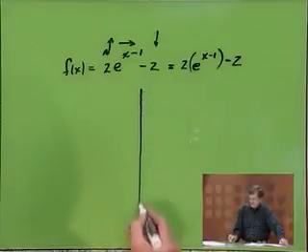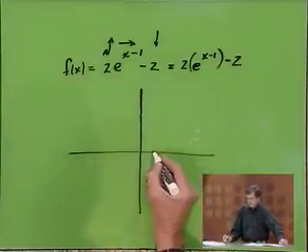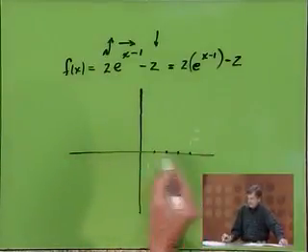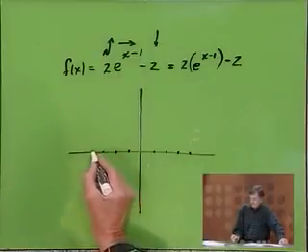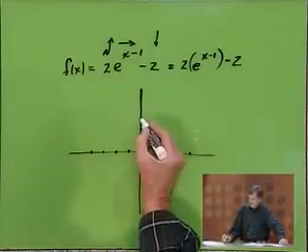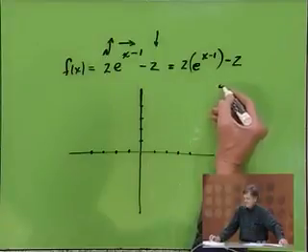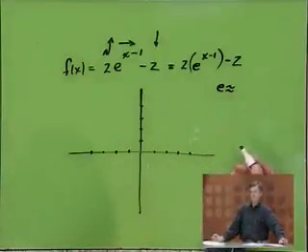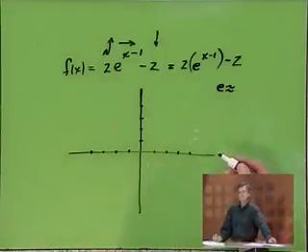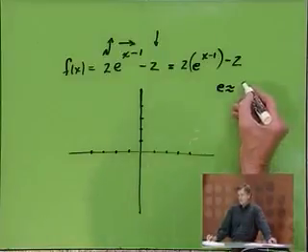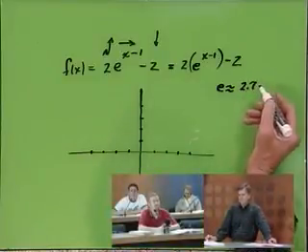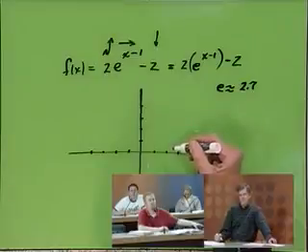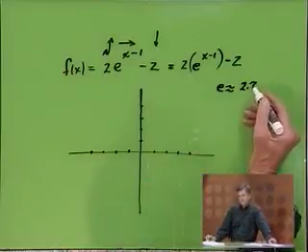Okay, so when I go to draw this graph, I have to know something about the number e. Can anyone tell me what the value of e is approximately? Well, it's about 2.7. We said 2.718, but I think when we get down to locating points, 2.7 is close enough.